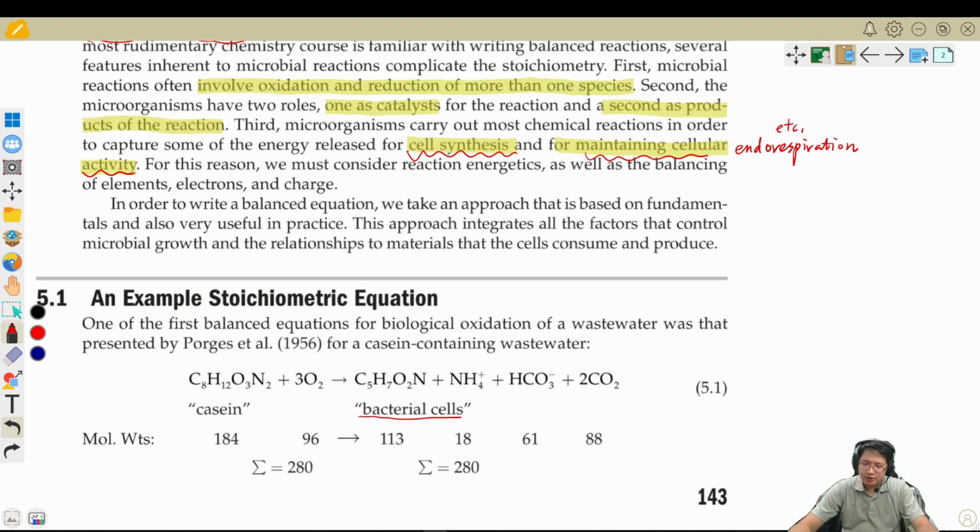From this equation, we can understand that 1 mole of casein requires 3 moles of oxygen for aerobic oxidation, and after the oxidation it generates 1 mole of bacterial cells and produces 1 mole each of ammonia, bicarbonate, and carbon dioxide. This means this oxidation reaction is a respiration reaction.